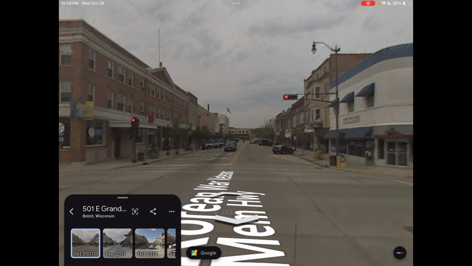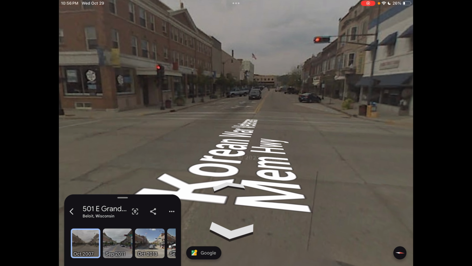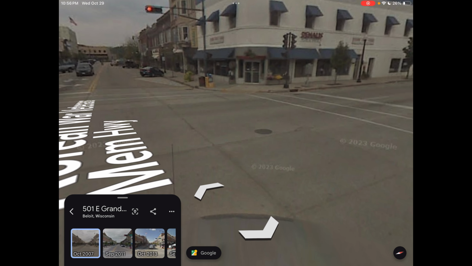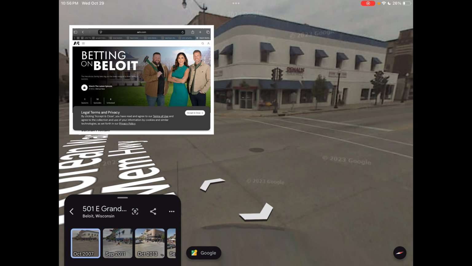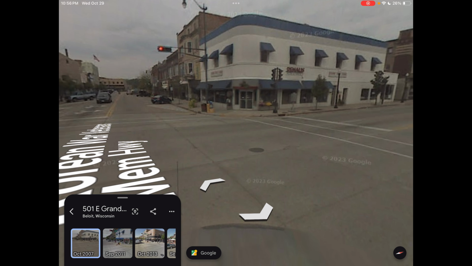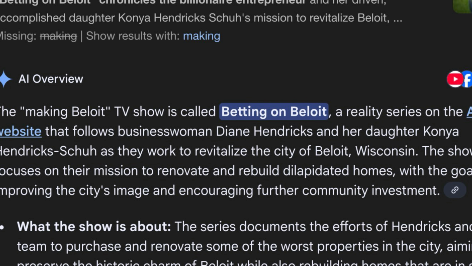One of my favorite things about doing this is seeing the evolution of downtown Beloit, because there was a TV show, I'll show you the picture right here, called, I think, Rebuilding Beloit or something, and it's actually the daughter of Diane Hendricks.